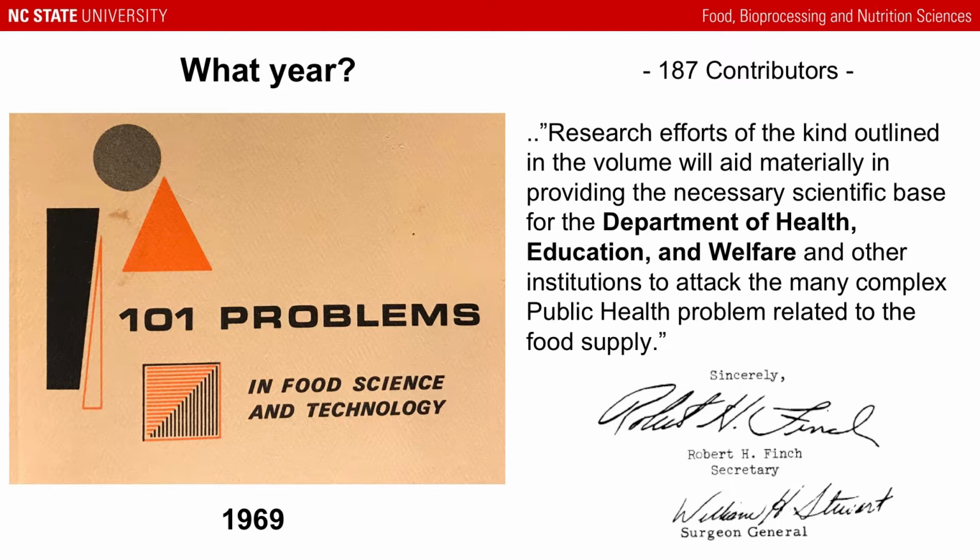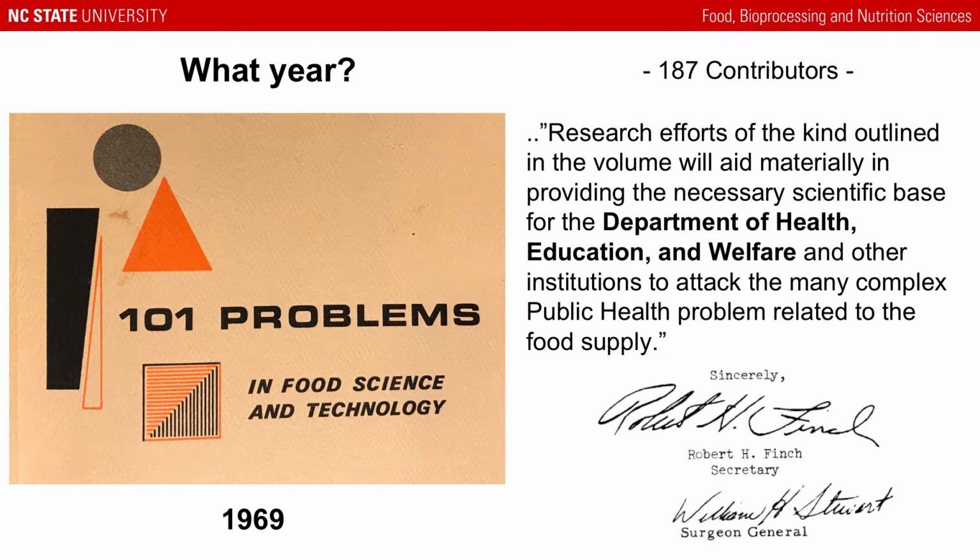Research efforts of the kind outlined in the volume will aid materially in providing necessary scientific support for the Department of Health, Education, and Welfare and other institutions to tackle many complex public health problems related to food supply. Secretary of HEW, Surgeon General. If that isn't a good letter to support your proposal for research goals, I don't know. That would be perfect if we got something like that right now.